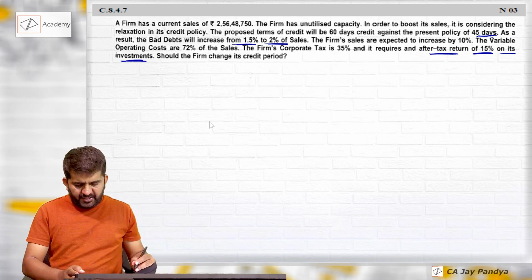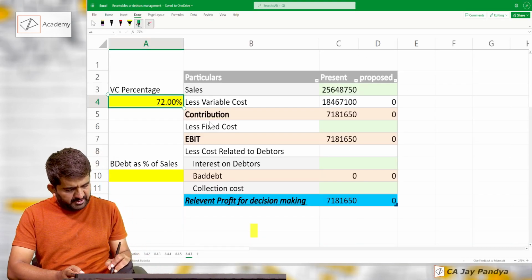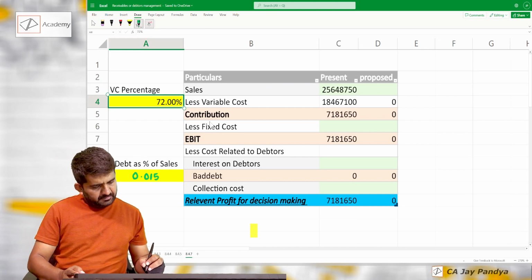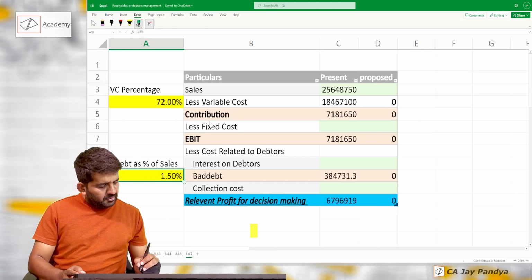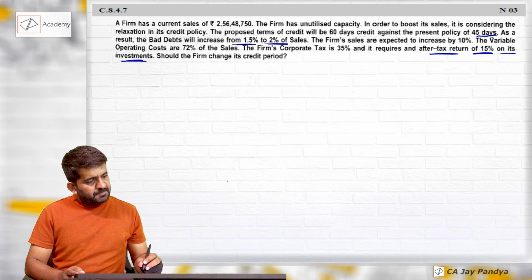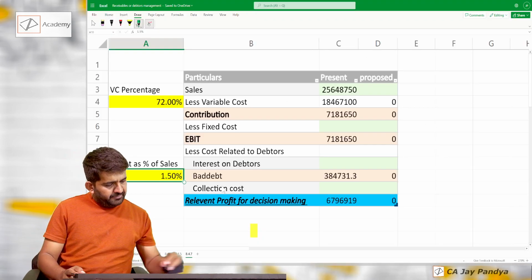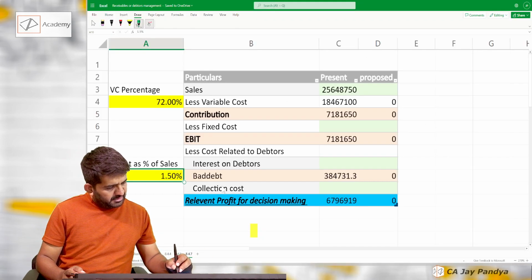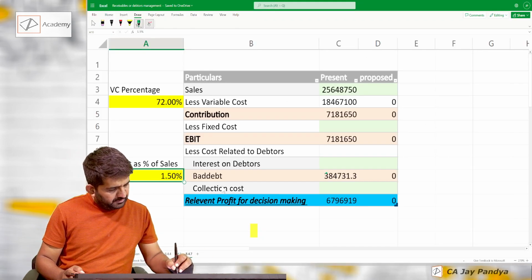Currently it is 1.5%, so in the present policy it is 1.5% of sales, which is 3,84,731. The firm's sales are expected to increase by 10%. The operating cost, all right. The firm's corporate tax rate is 35%. So let me write this down: 3,84,731.